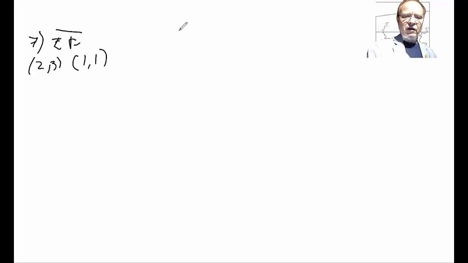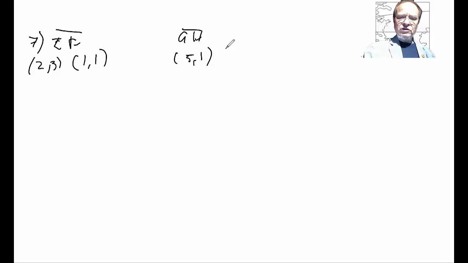And then we have the other line segment, GH, where G is (5, 1), and H is (3, 2). What we want to do is analyze the slopes of these two line segments to see what it means to be perpendicular and how the slopes relate to each other when they are perpendicular.